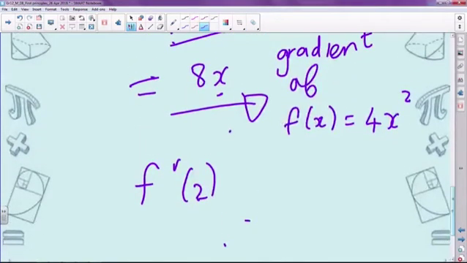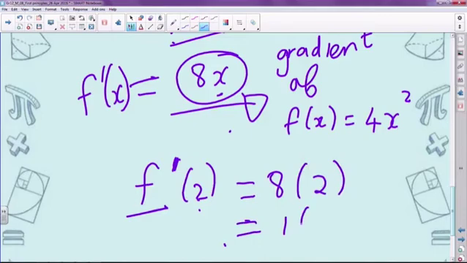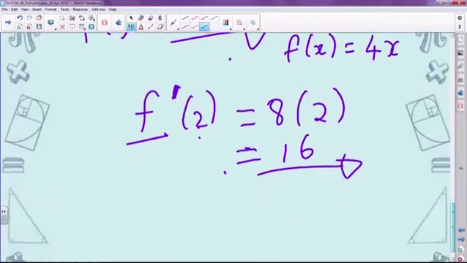Well, you'll notice that we are dealing with the derivative function, so that means I'm looking at this function 8x, because we know that the derivative of f of x is 8x. So if I want to find the derivative function value at the point 2, I simply substitute 2 in place of x, and I get 16. So what does the 16 tell me?